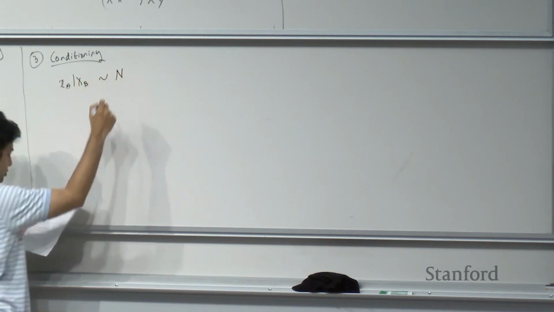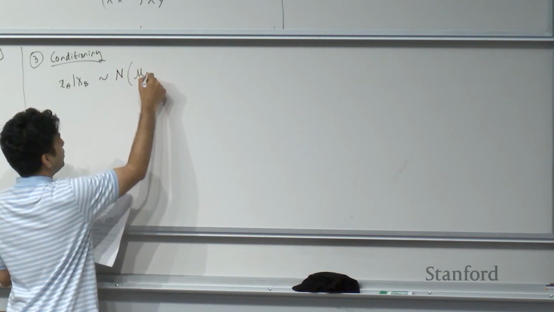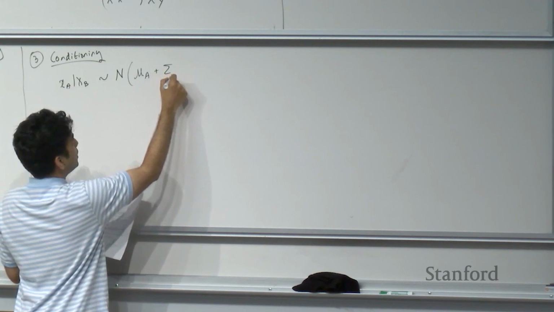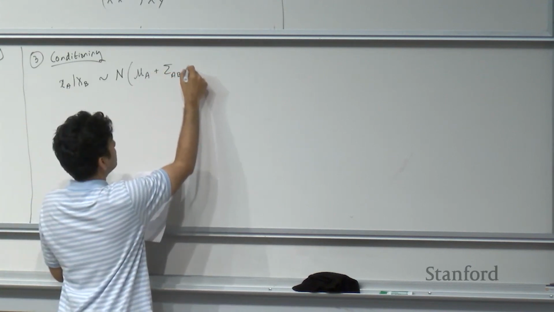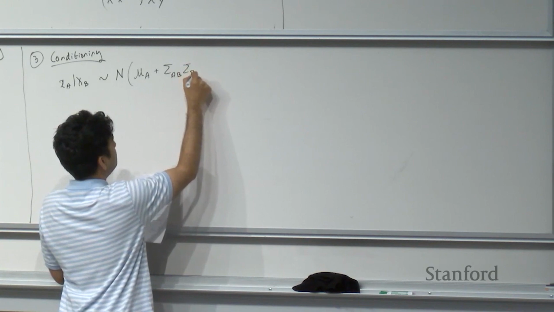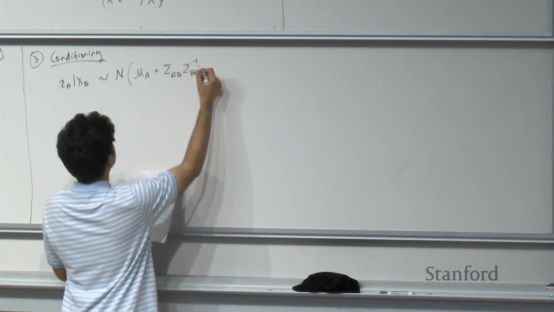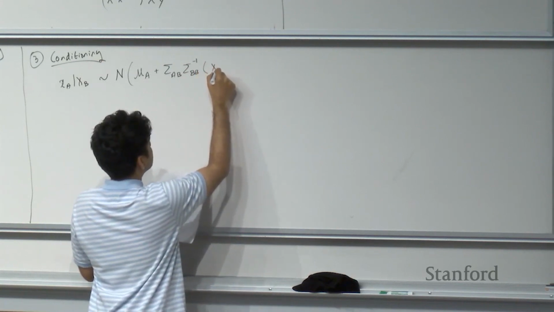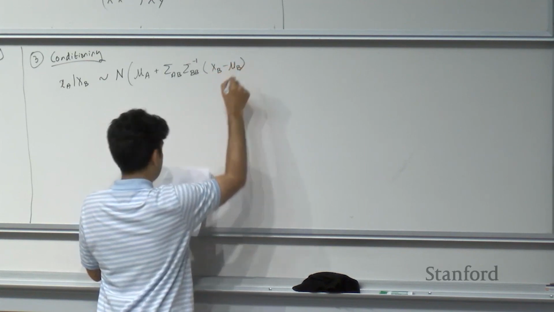is a normal distribution with mean mu a plus sigma ab sigma bb inverse times (xb minus mu b).